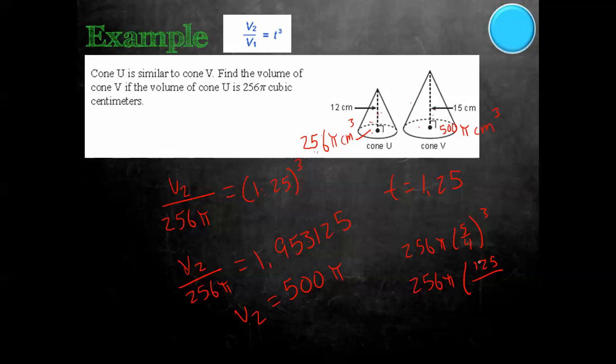That's 125, right? And then 4 times 4 is 16, times 4 is 64. 125 times 256 is 32,000, and then we're going to divide by 64, which is going to give us 500 pi. So we know that that is the correct answer, 500 pi centimeters cubed. And that is the end of area and volume ratios part 2.